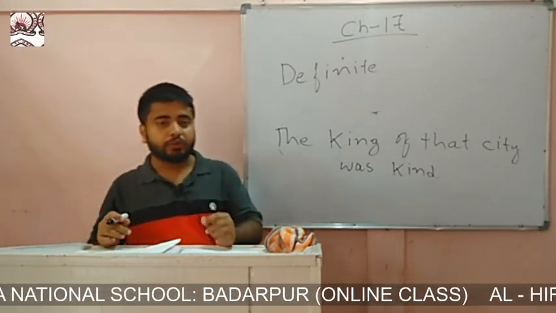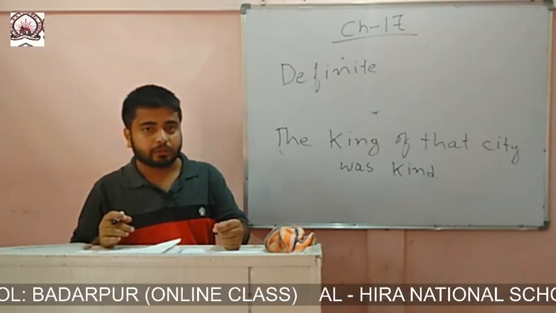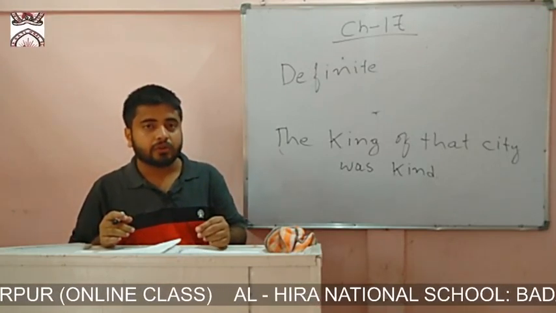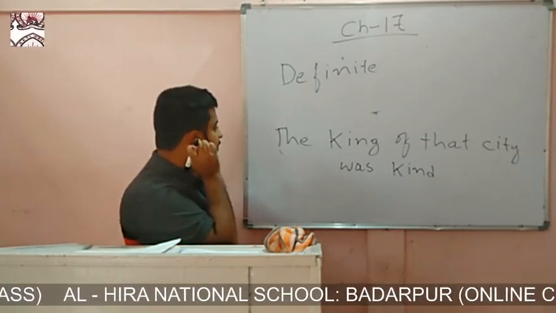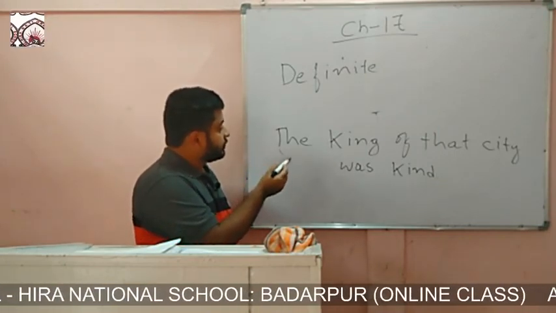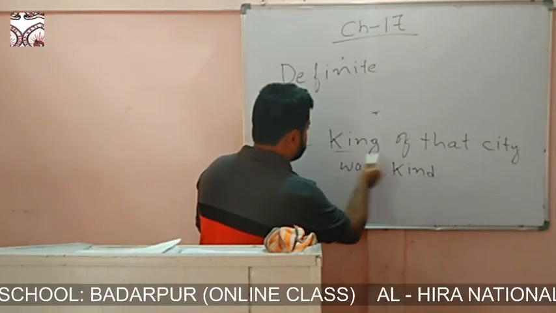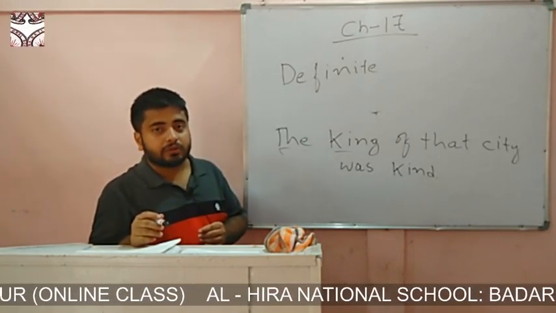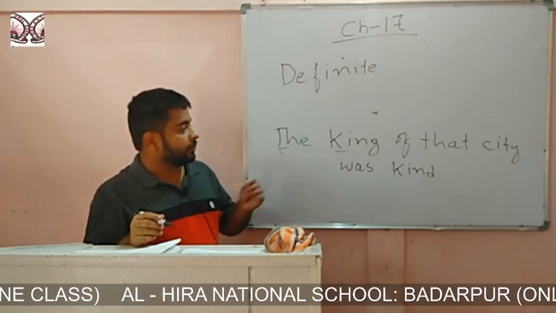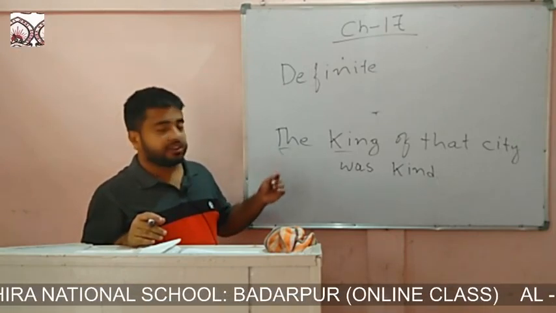So we know that we use definite article when we know the identity of the noun. So here I have used definite article, that is the, before the king, which is noun here, because I am talking about a particular king whom I know, and I know the identity of the king.